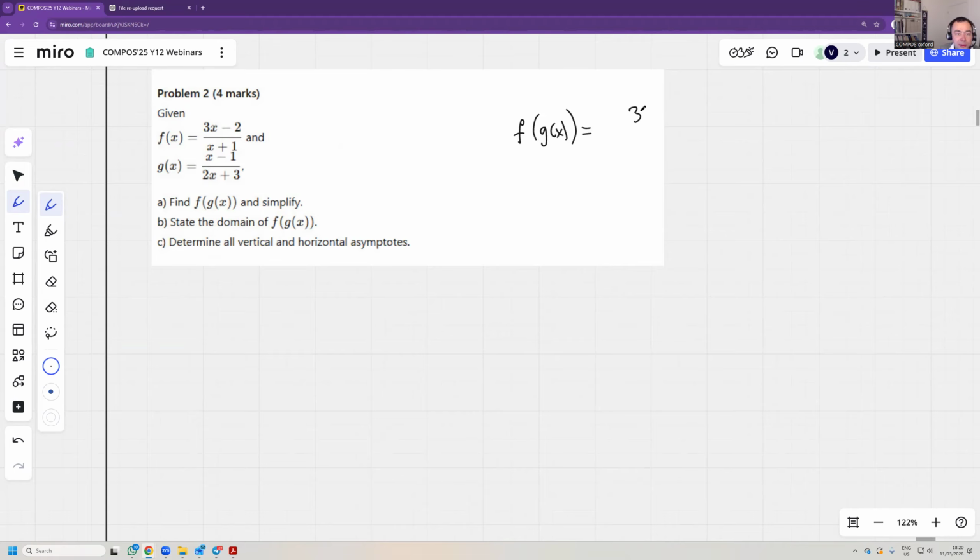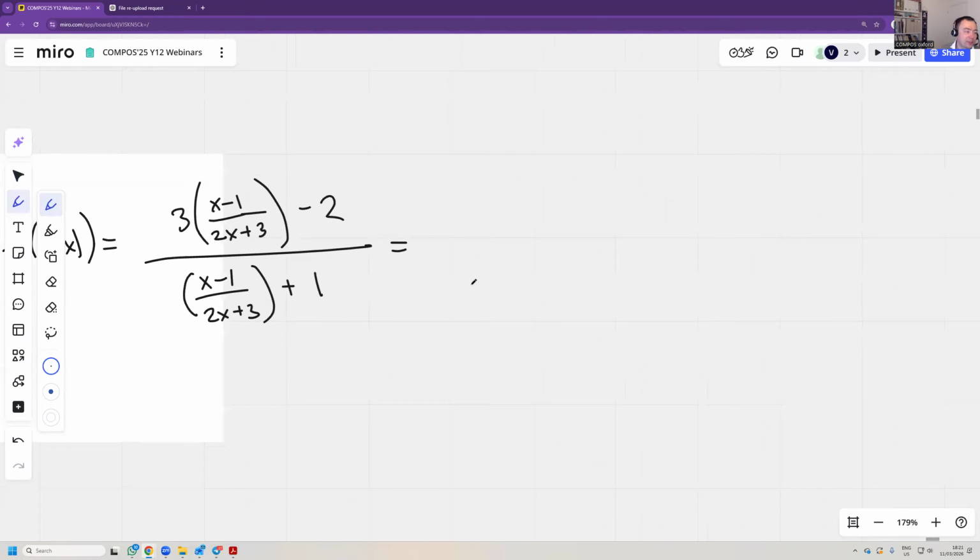So it's going to be 3 multiplied by (x minus 1 over 2x plus 3) minus 2, over (x minus 1 over 2x plus 3) plus 1. Right, and let's see where that takes us.